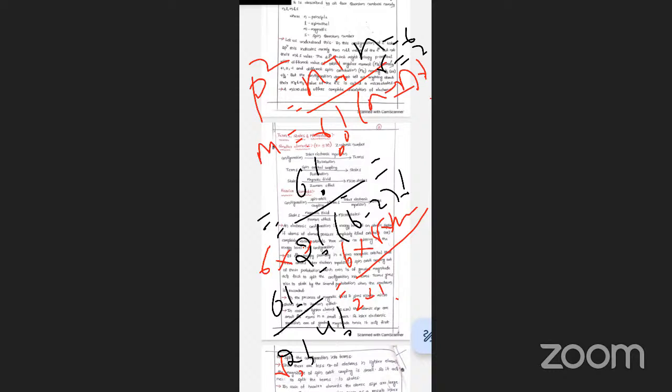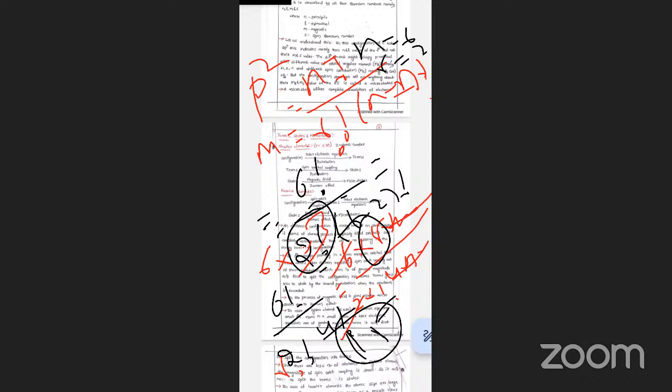Then 4 factorial is 4 into 3 into 2 into 1. Here 4, 3, 2, 1 get cancelled. Here 2 is there, and here 6 is there. What is remaining? Here 3 and 5 are there. 3 times 5 is 15 microstates.